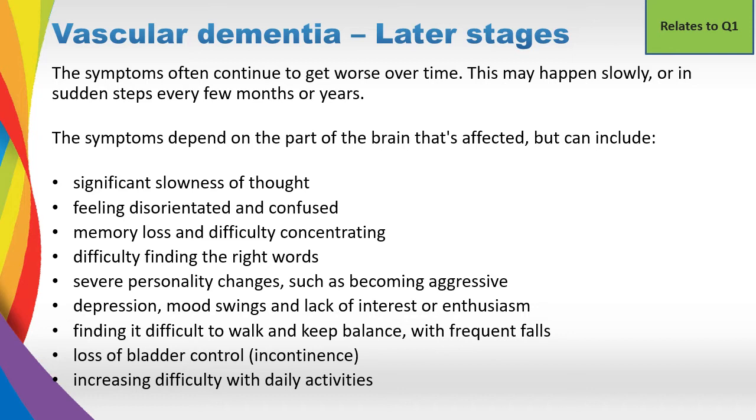In the later stages of vascular dementia, the symptoms will get worse over time. This may happen slowly, or it could be in sudden steps every few months or years.